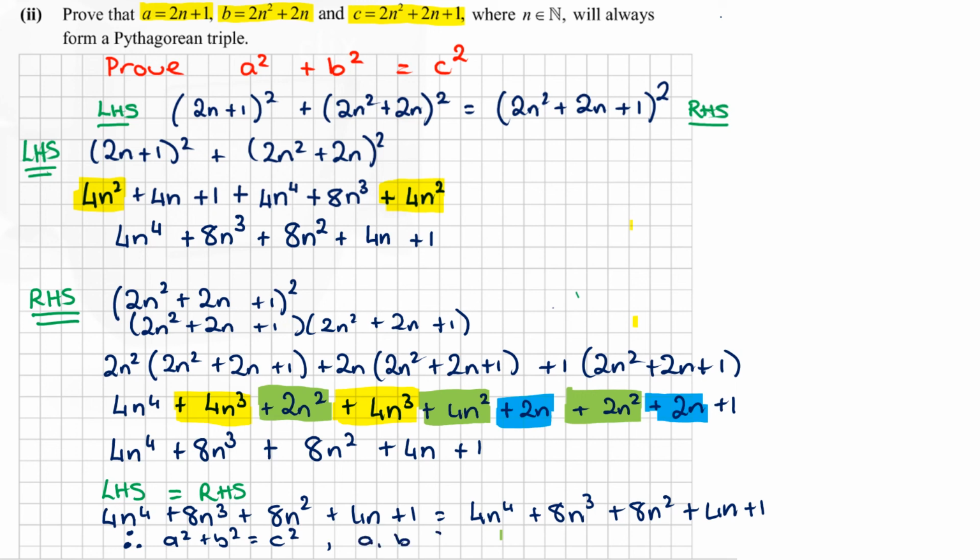A, b, and c form a Pythagorean triple for all n elements of N. So we've proven it there.